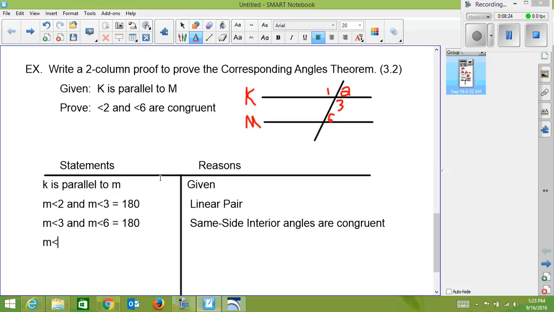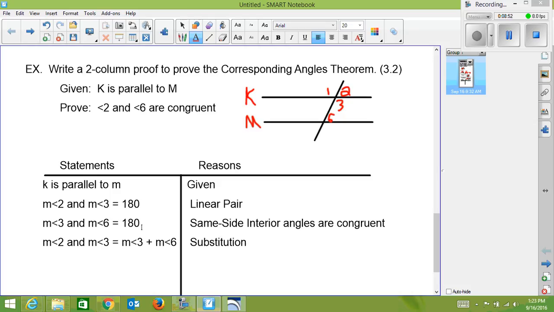So measure of angle 2 and measure of angle 3 equals measure of angle 3 plus measure of angle 6. How do I know that? I just proved it right here, right? So substitution.